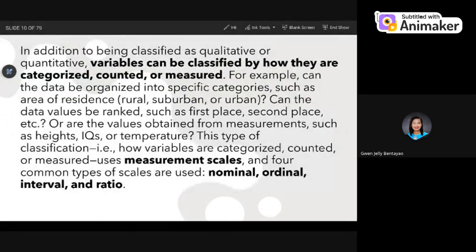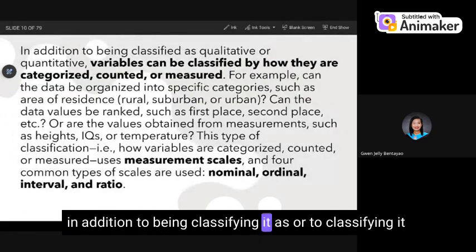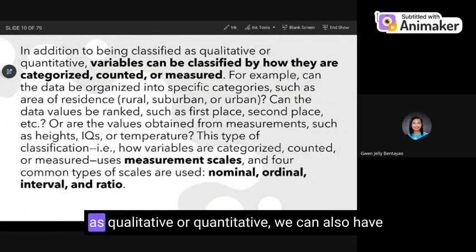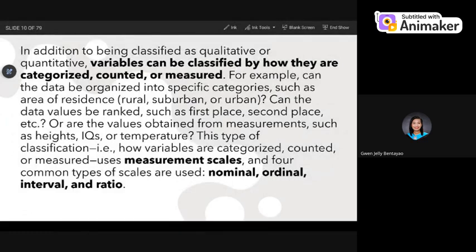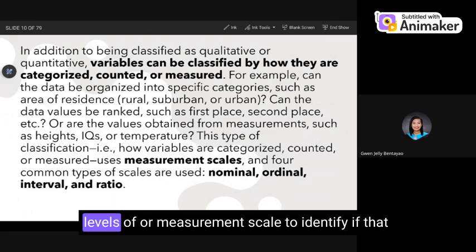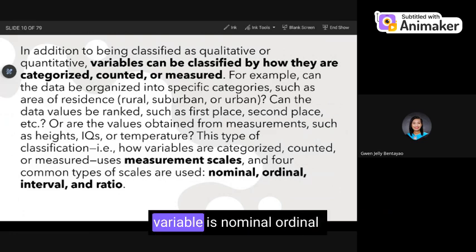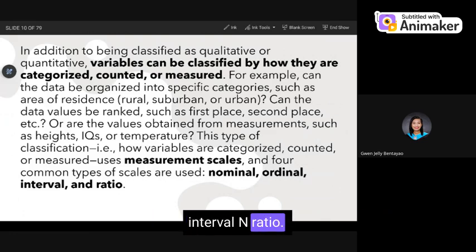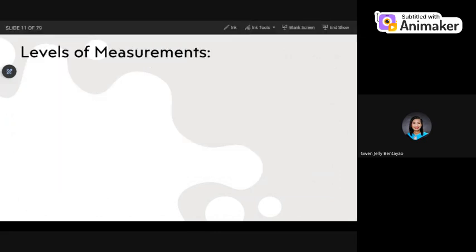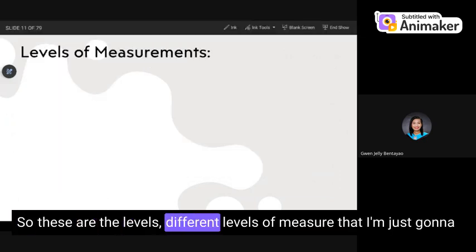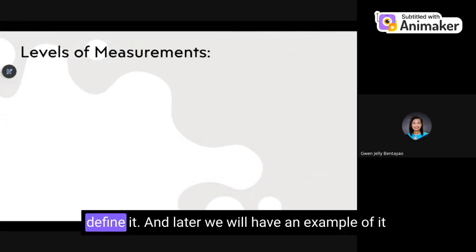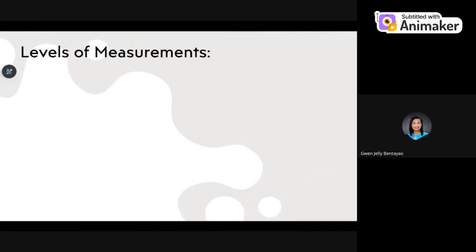Now, in addition to classifying it as qualitative or quantitative, we can also use levels or measurement scales to identify if that variable is nominal, ordinal, interval, or ratio. So these are the different levels of measurement. I'm just going to define them, and later we will have an example of each.